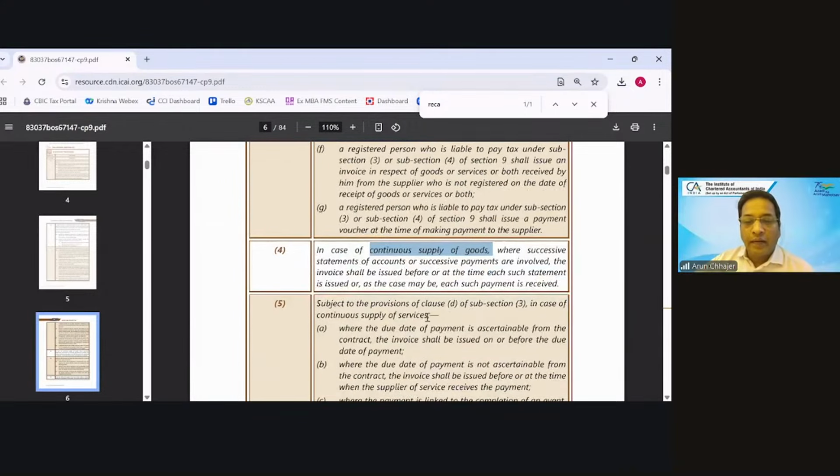Now, in case of the continuous supply of the goods and in case of the continuous supply of service, please tell me what is the difference in the continuous supply of goods and continuous supply of service with respect to the continuity in number of days. There is a difference in the number of days: for how many days the goods or services should be given continuously, then only we can say that it is a continuous supply.